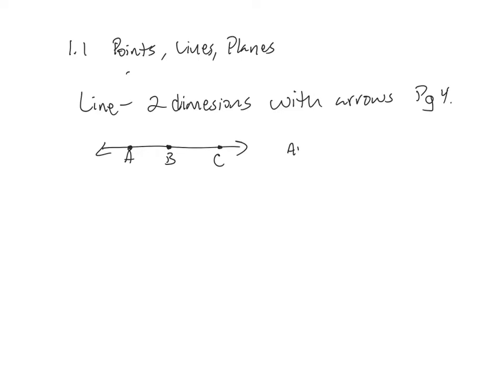So you could say A, B, but you put the two little arrows above the top of it. You could say A, C. You could say B, C. You could reverse the order of all of these. You just need two points that are on the line, and it doesn't have to be the ones on the outside or anything like that, but any 2 points that are on the line.